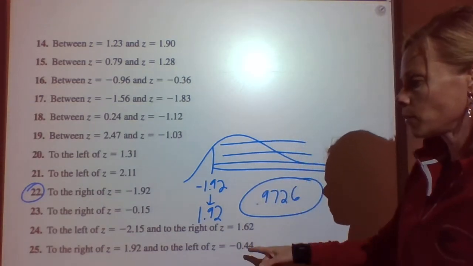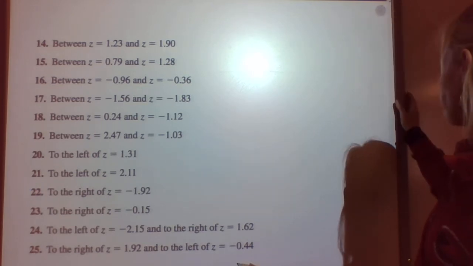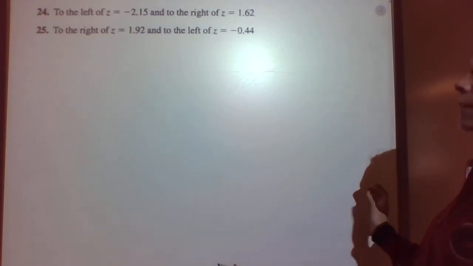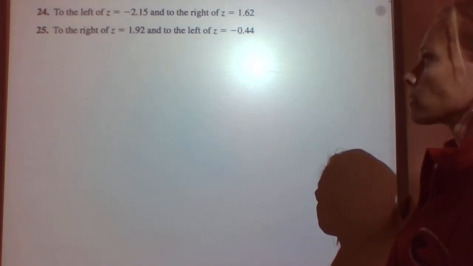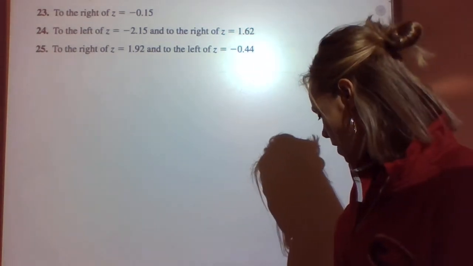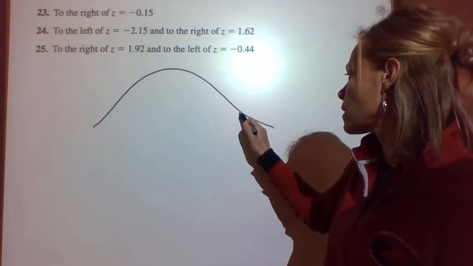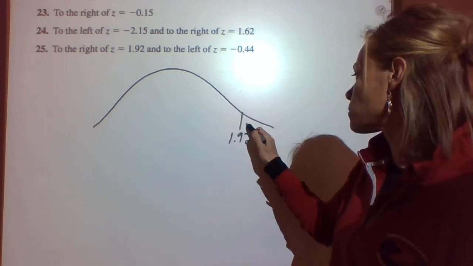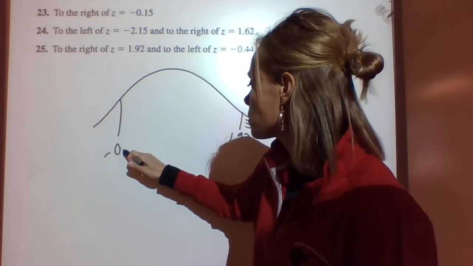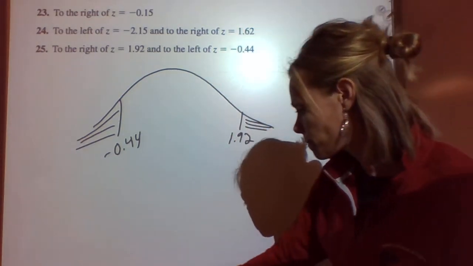Okay, and then let's do one more with the tails. So to the right of 1.92, to the left of that, I'm not doing area in between here. What I'm doing is some tails. I got 1.92, that area, negative 0.44 in that area, and I'm going to add them together.